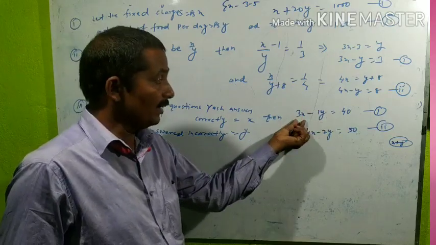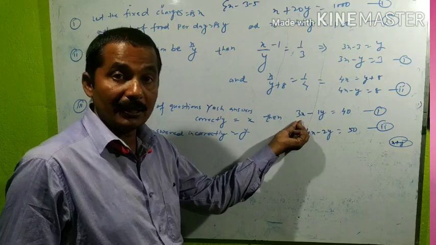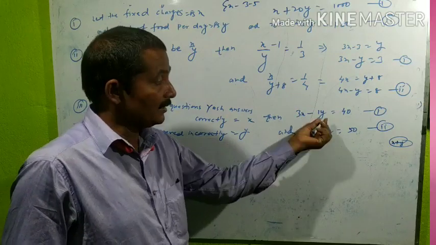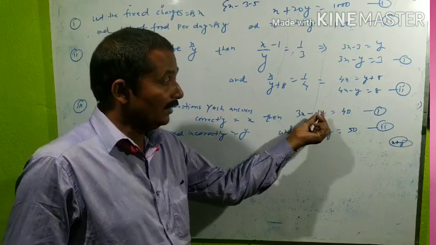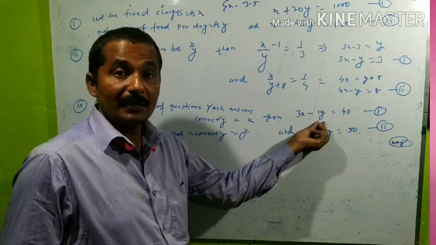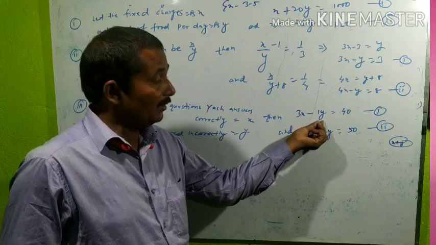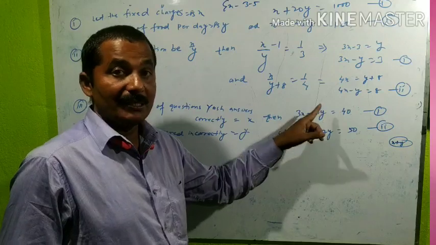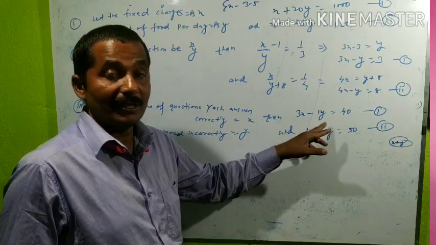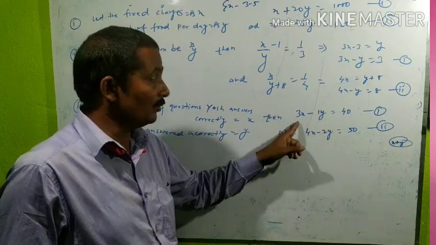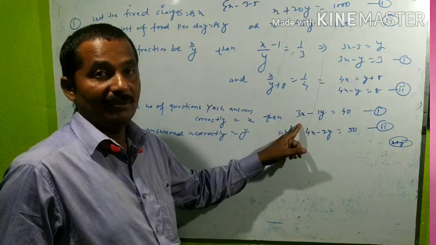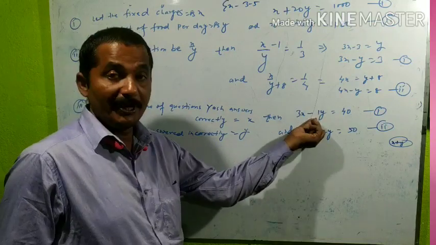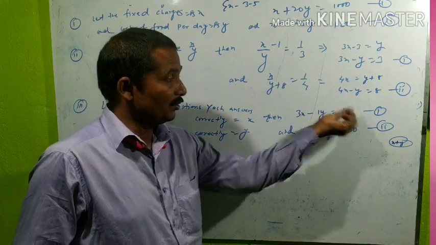This is the marks he got for correct answers, minus the marks for incorrect answers, as a punishment. So 3x minus 1y is equal to 40.